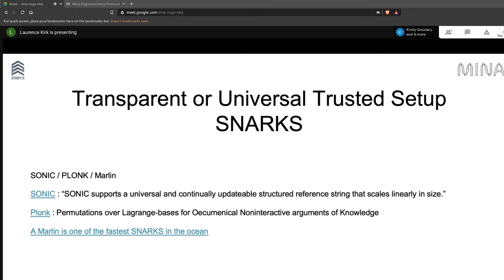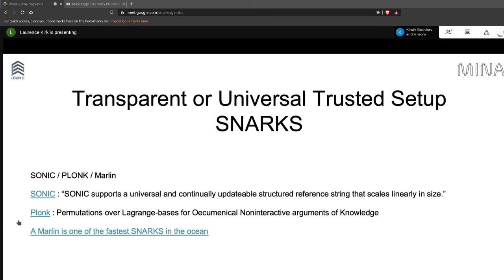About a year ago, we were involved with one with the Aztec project, which was held over a couple of weeks and involved a few hundred people doing a shared computation. The point of this computation was that if just one person is honest in this setup process, in this ceremony, then the whole process succeeds.